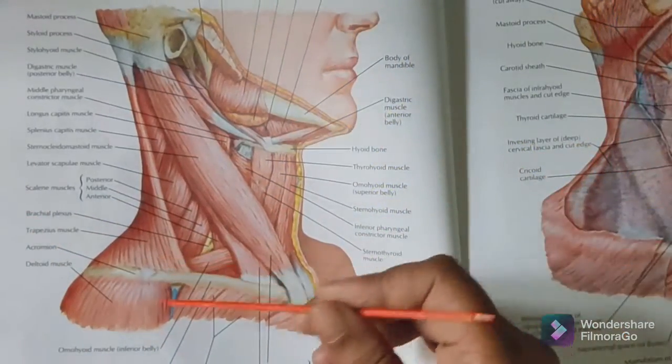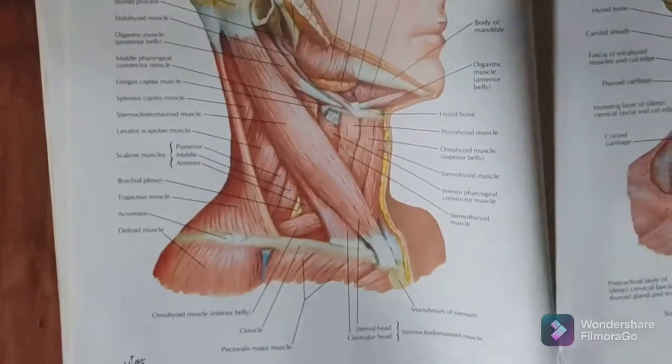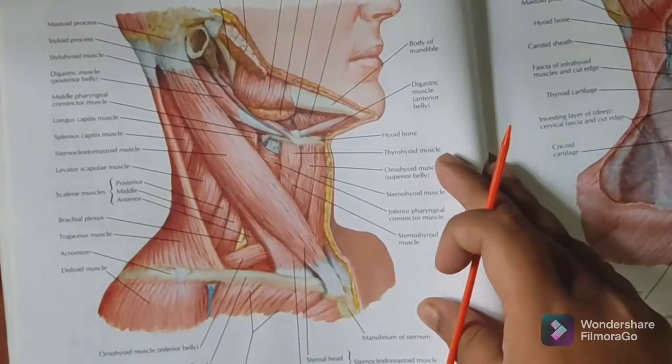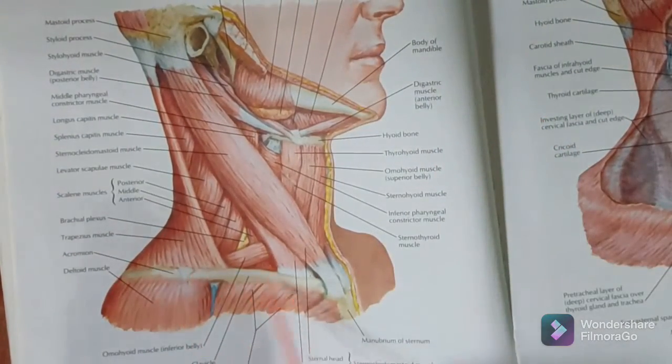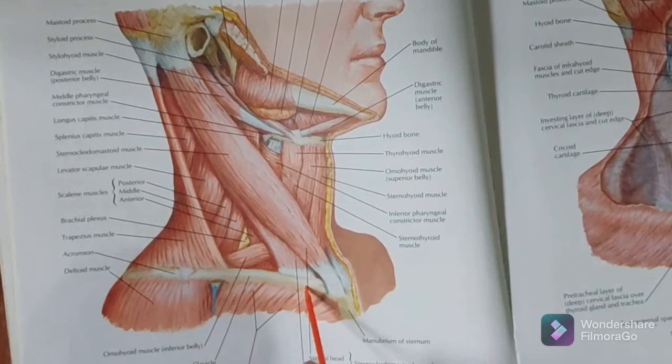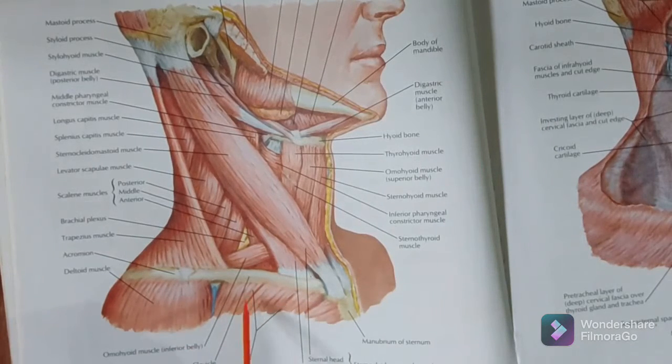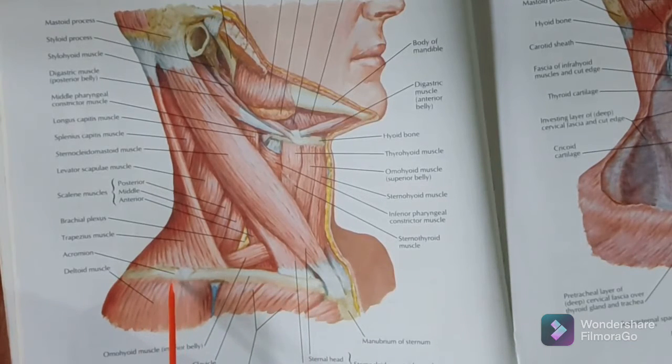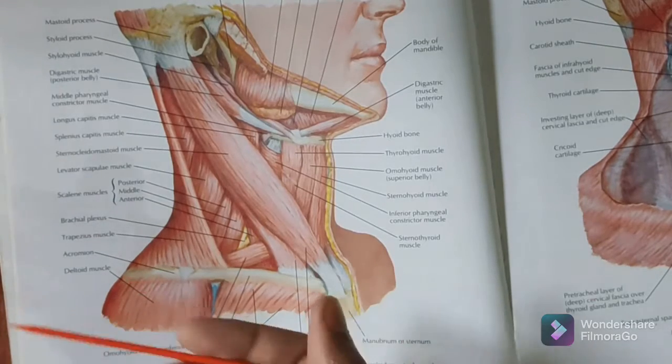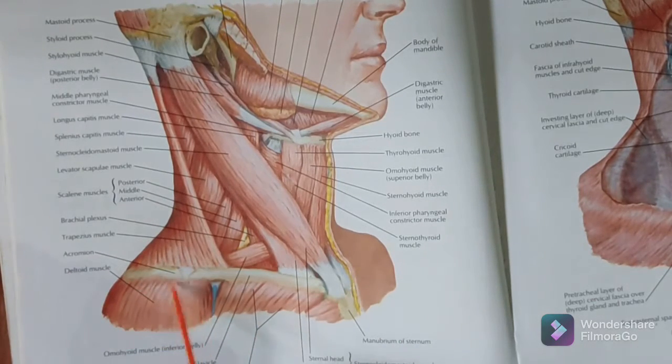Now in this part, I just want to show you the attachments of the clavicle. See, this is the right clavicle, and over here this is the sternal end of the clavicle. It's attached to the manubrium of sternum. Then this is the acromion process of the scapula, which is lying posteriorly.